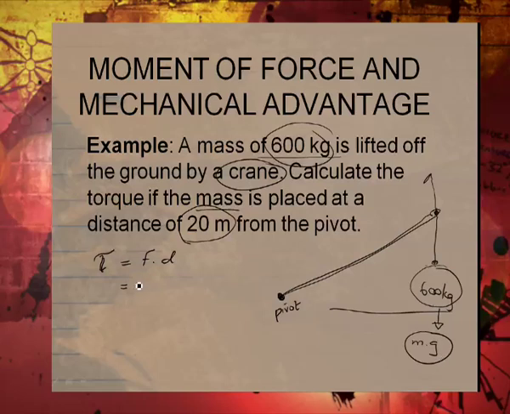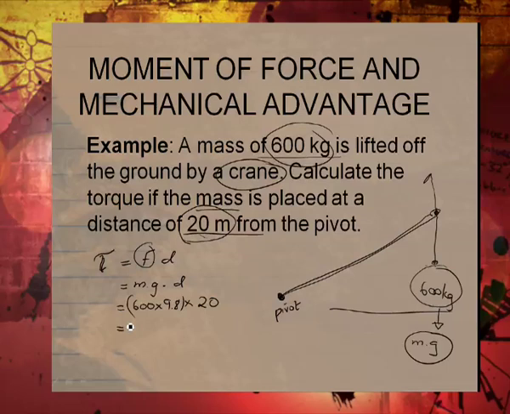So this force is m times g, then times d. So this will be equal to 600 times 9.8, which is the force, then times the distance we are told is 20 meters from the pivot. So that times 20. Let's see what that will work out to.